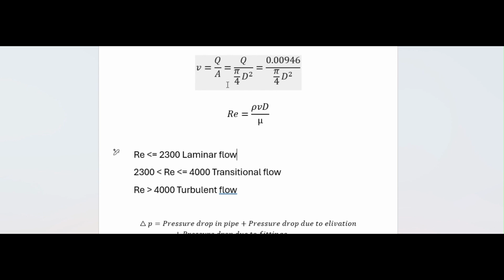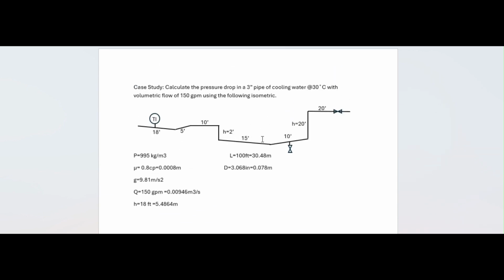To calculate the Reynolds number, you need the velocity and the diameter. For the velocity, we have a volumetric flow rate, and if you divide it by the cross-sectional area, which for a pipe would be this equation here, you get the velocity.